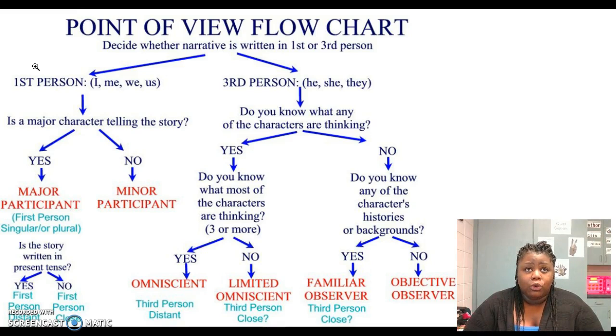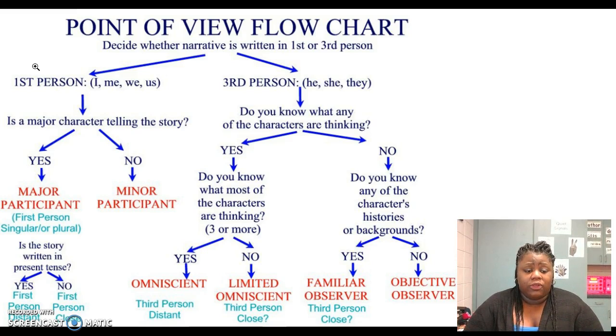Again, because you're hearing the story from their point of view, they may incorporate some of their own biases, which may not always be helpful in telling a story, especially the type of story that we're reading right now, which is a fable, or any type of story at that.